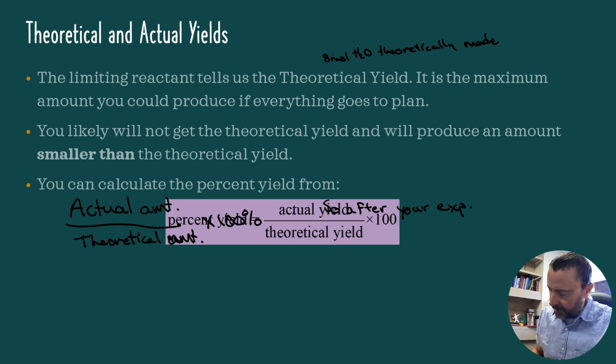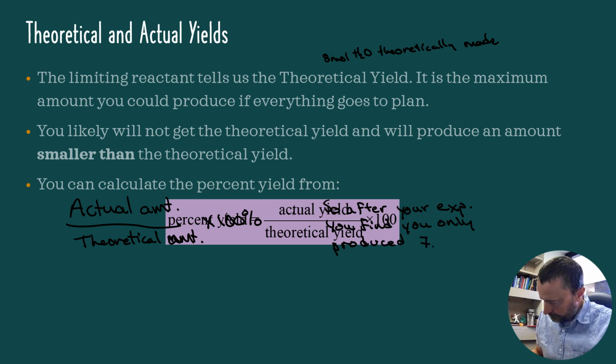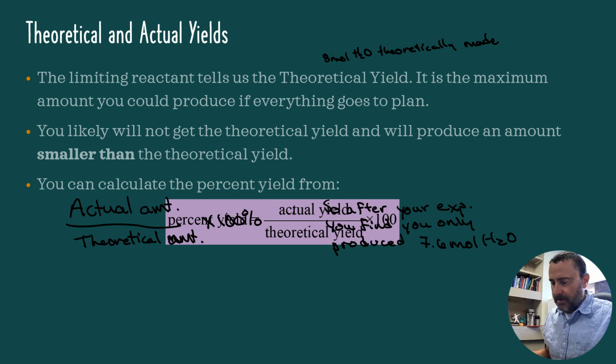So after your experiment, you find you only produced 7.6 moles of water. What is its theoretical yield?